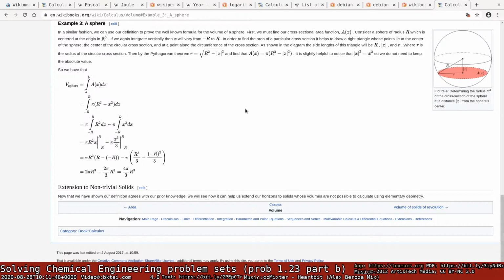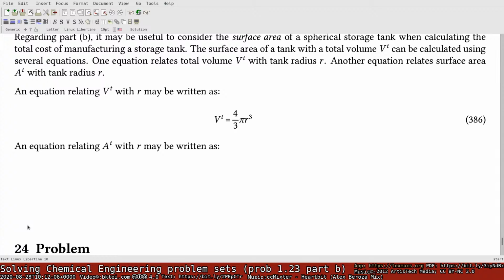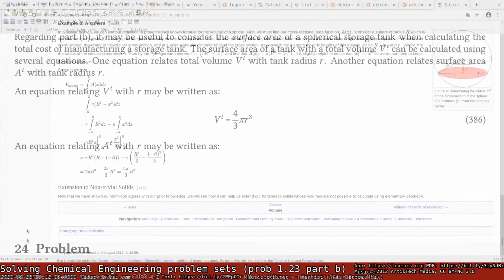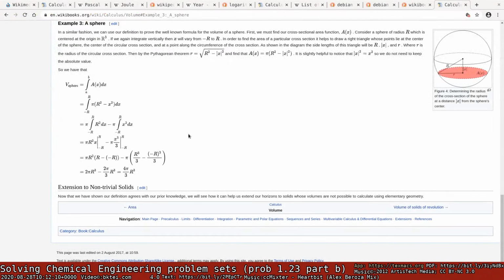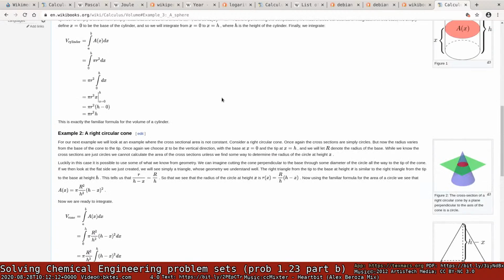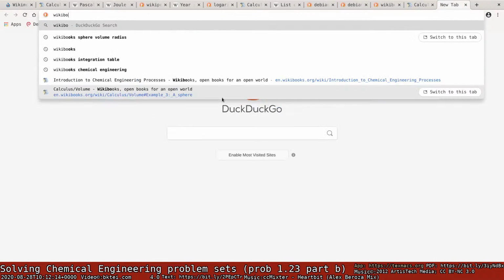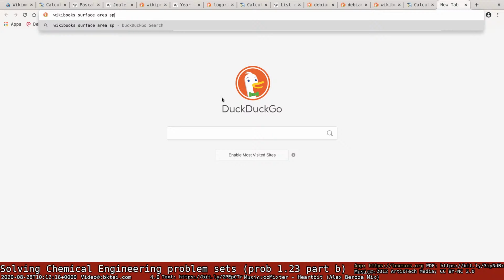All right, then an equation relating A of t with r may be written as, let's see, surface area. Let's go back to the browser. Surface area, sphere.